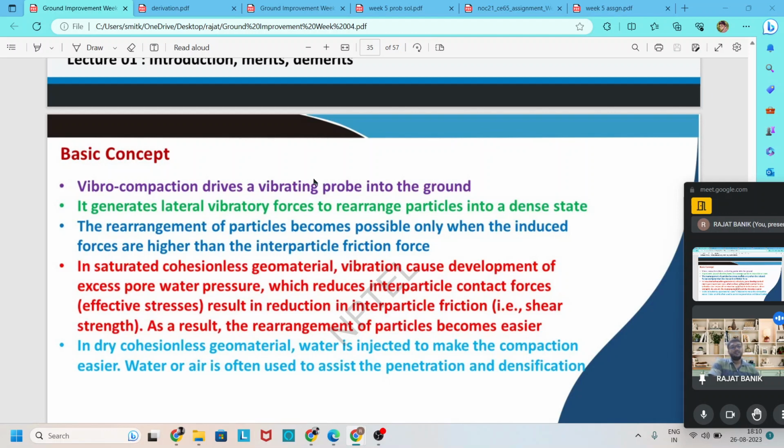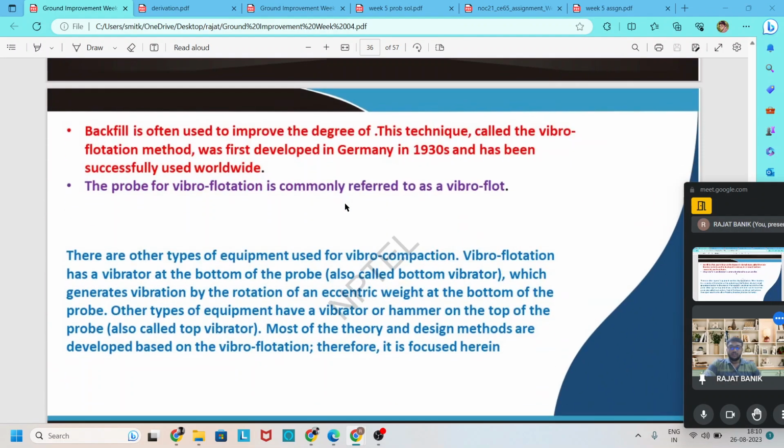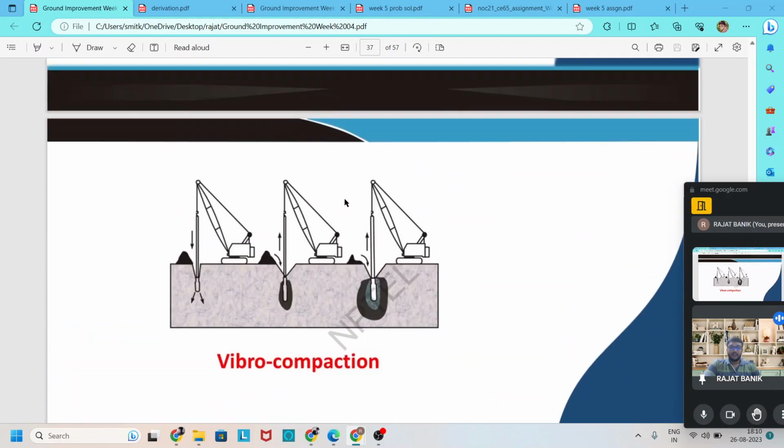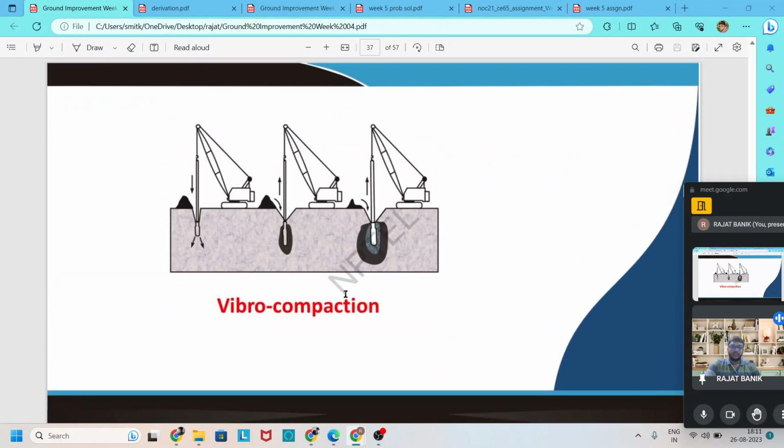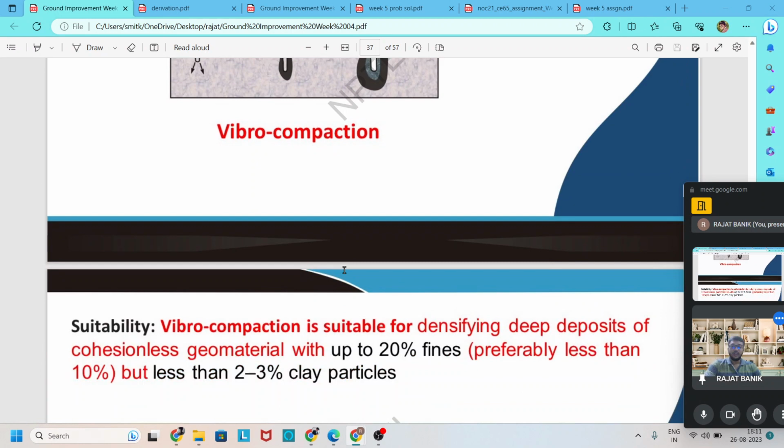We also discussed one figure where a probe is inserted and vibrated, some void space is created and filled with in situ material, and again compaction is done by vibration. Like that, we gradually move upward to the ground surface and compact it.